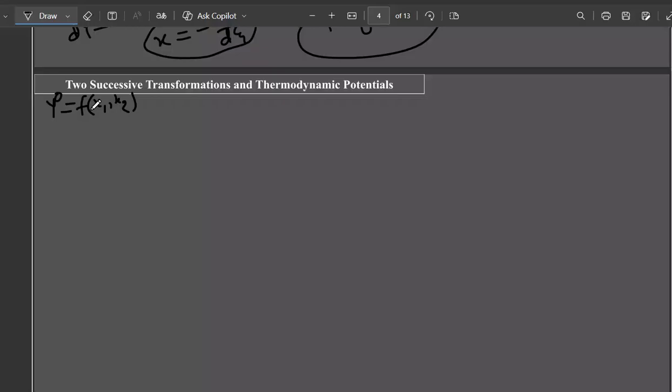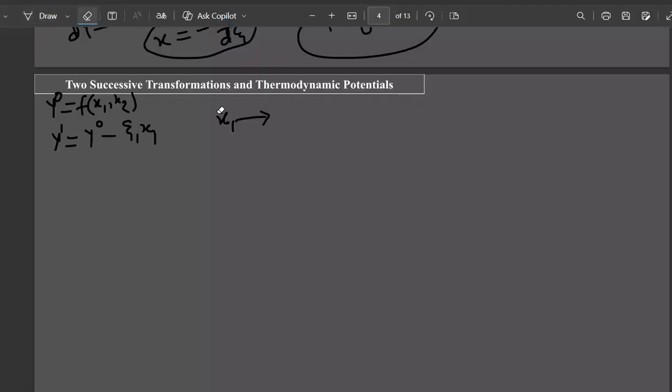The first transformation gives y1, in which case y0 minus zeta 1 x1.